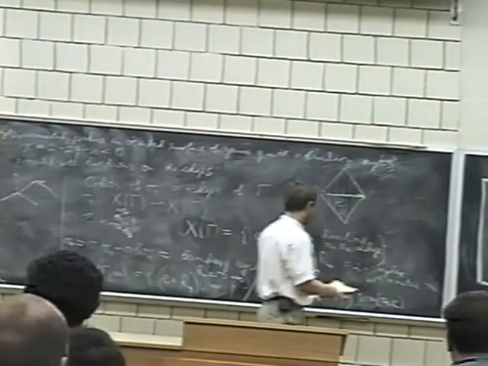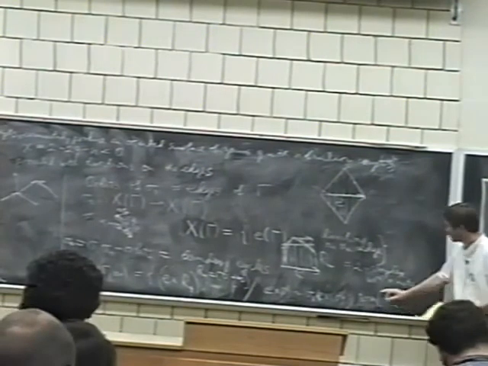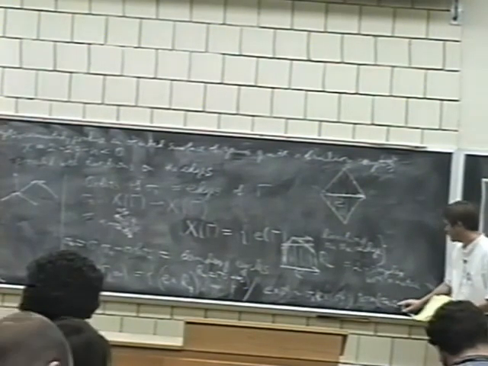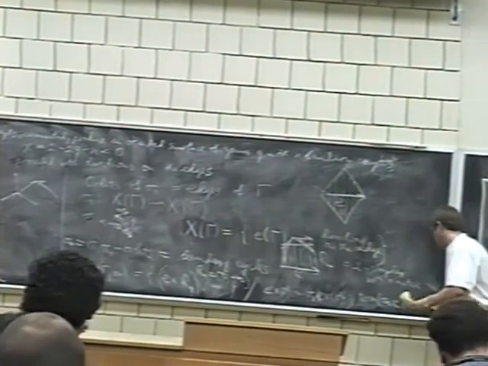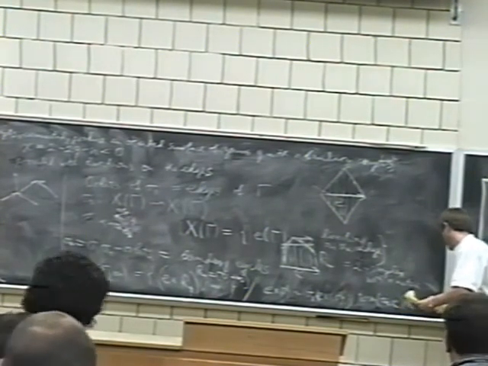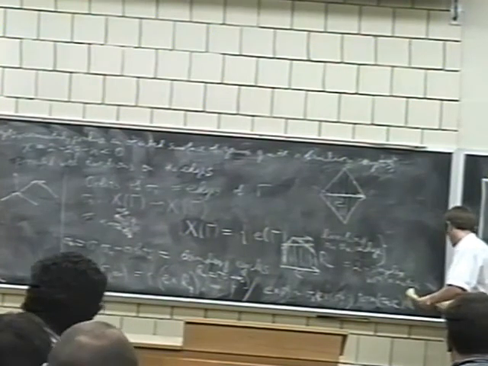You take the terminal vertex of the edge sigma infinity E and identify this cross R with the initial vertex of E cross R.